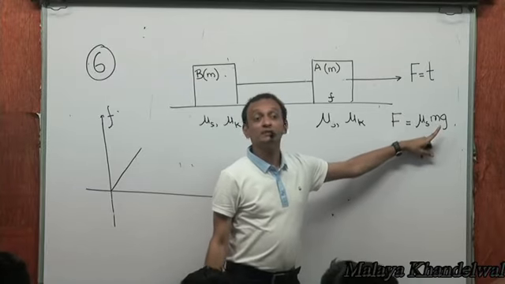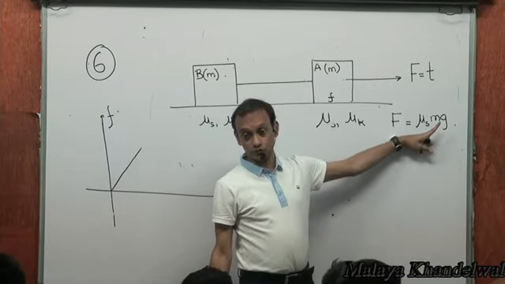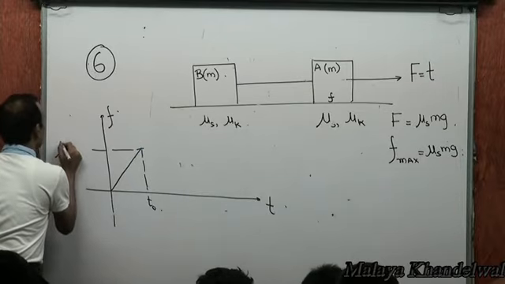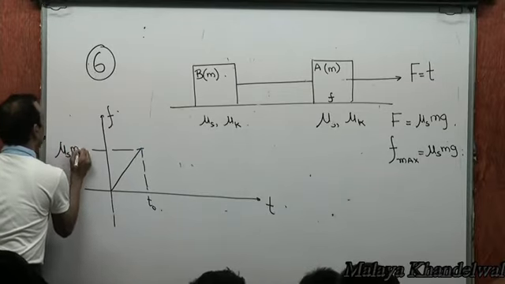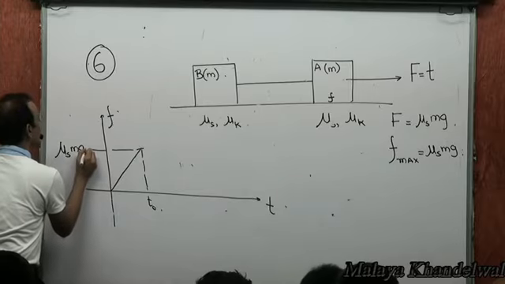It assumes its maximum possible value, right? f max is mu s mg. So at some instant of time, t equal to t naught, when capital F becomes mu s mg, frictional force will also become mu s mg between A and the ground. Yes or no? Right?